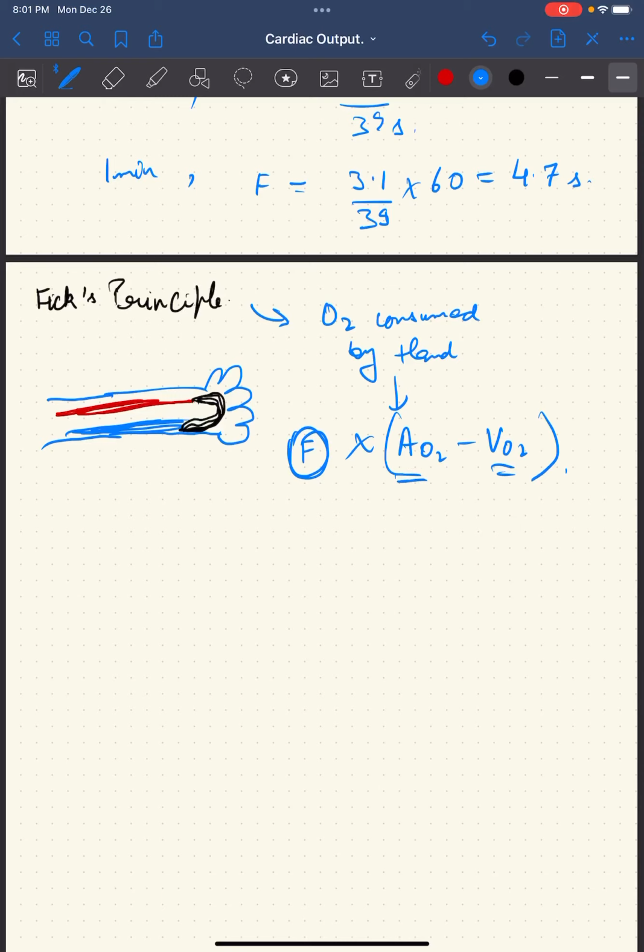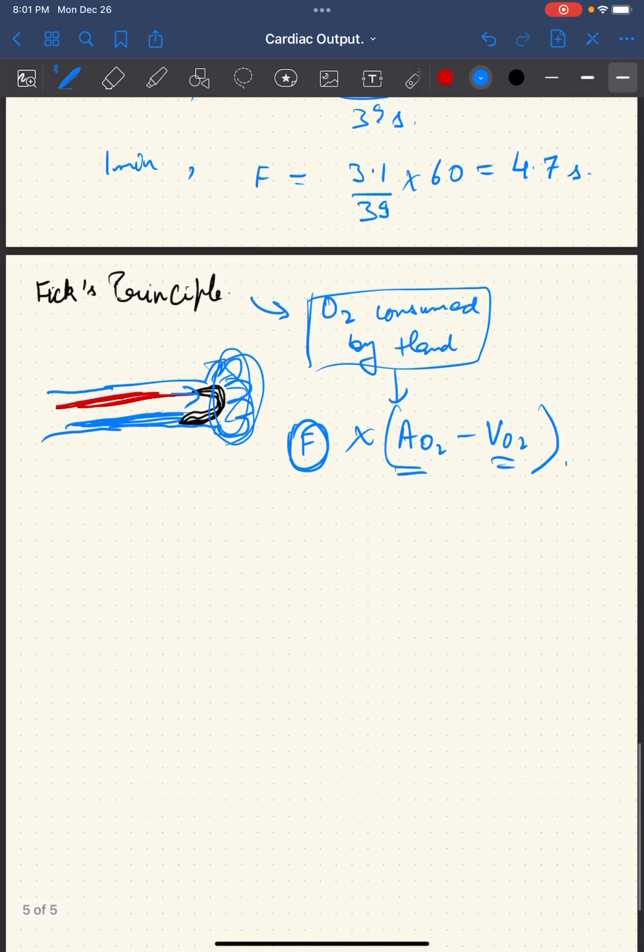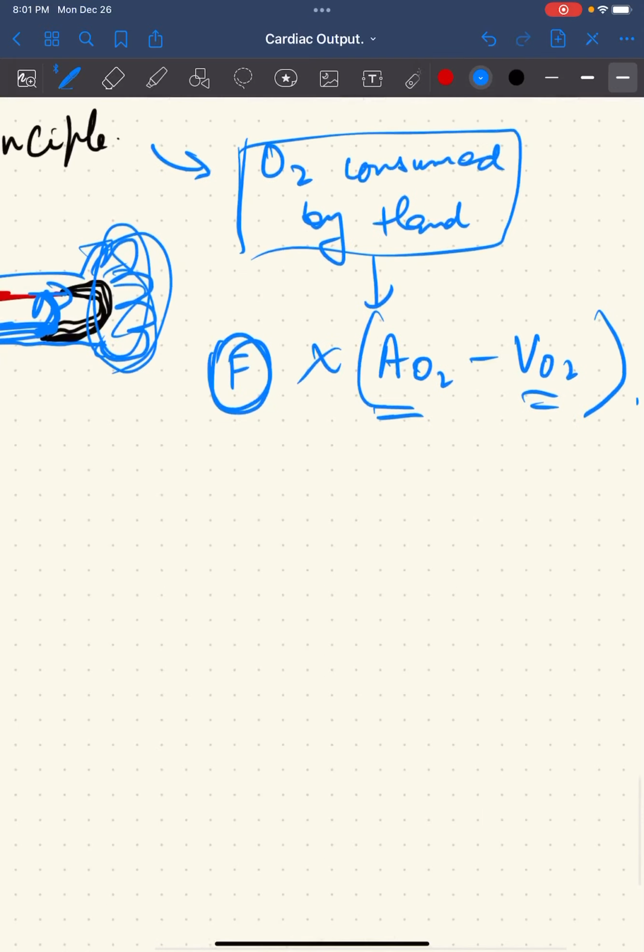So this is the total amount of O2 that has been consumed by the entire hand. Here, the blood that has been flowing in this area, multiplied by the O2 difference between these 2 points. I hope you get this.